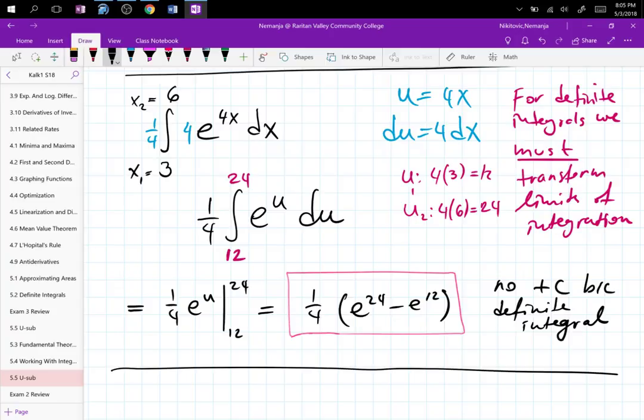It has to be the integral from u1 to u2, and then the function in terms of u, and then du at the end. So that's what we are looking for, instead of having, I should use a different letter, let's use G.